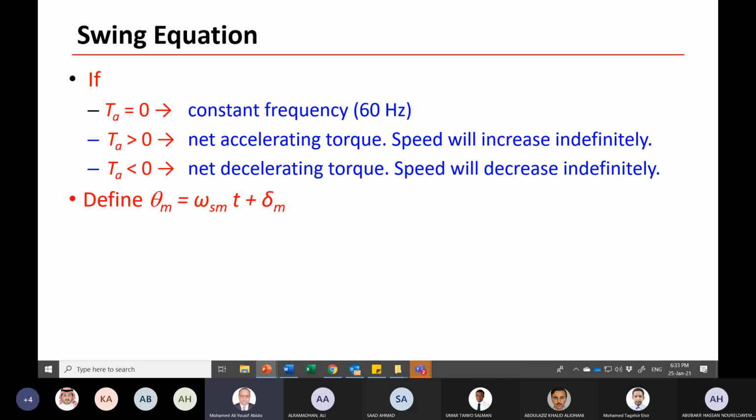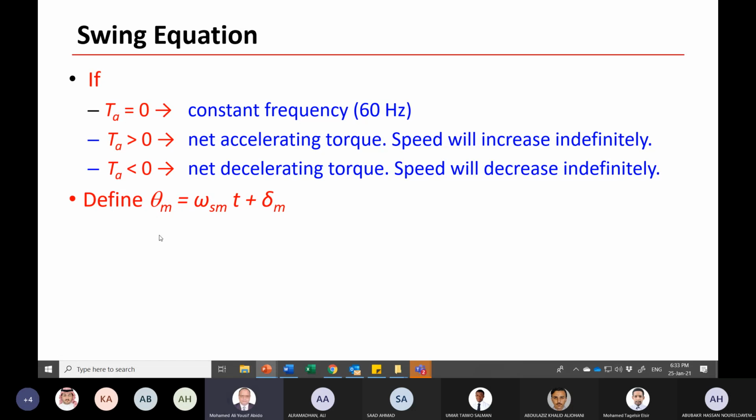So of course, we need to convert the mechanical angle to electrical angle, to delta E, not delta M. So you can define theta M equal to omega_S mechanical times t plus delta M, a displacement from the synchronously rotating frame of reference.